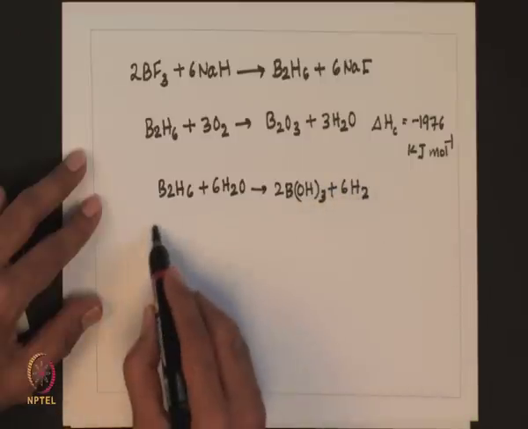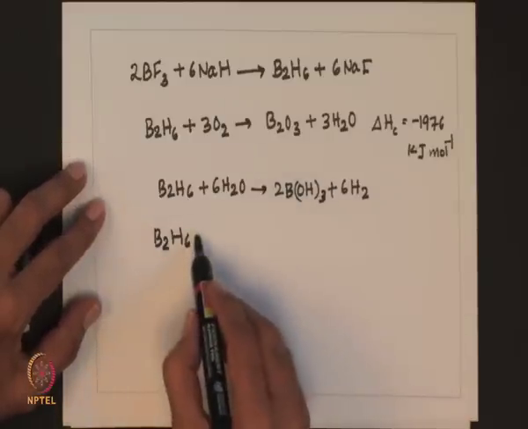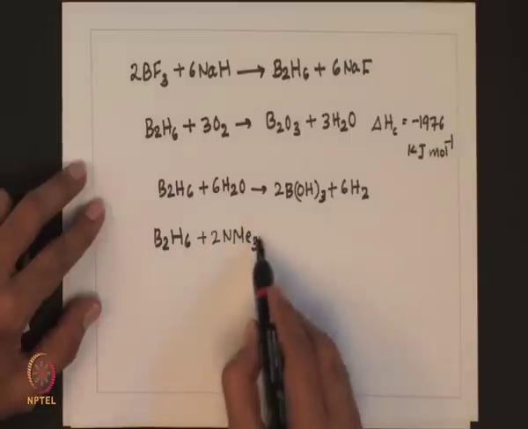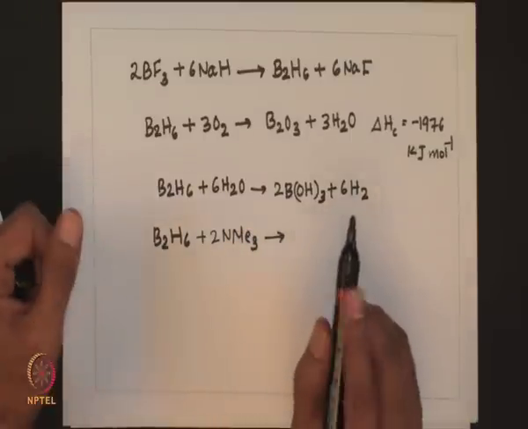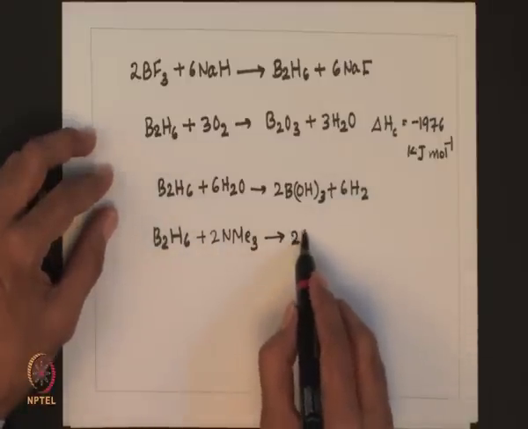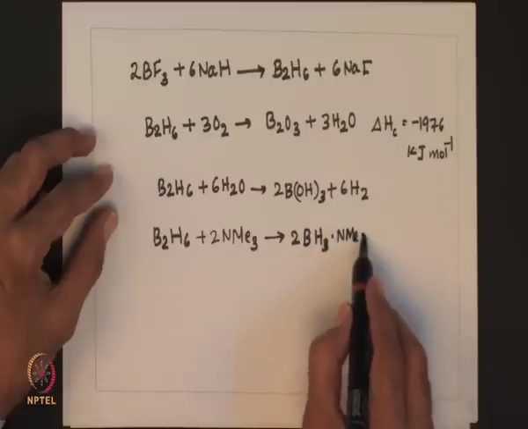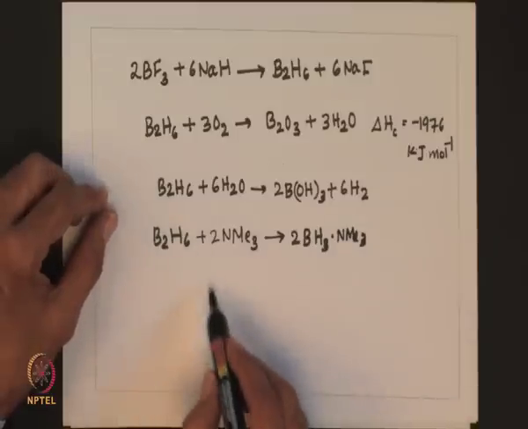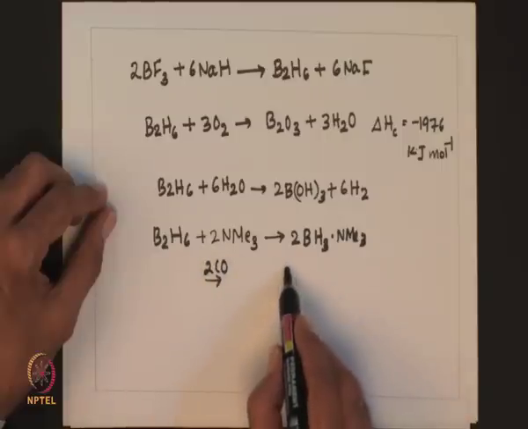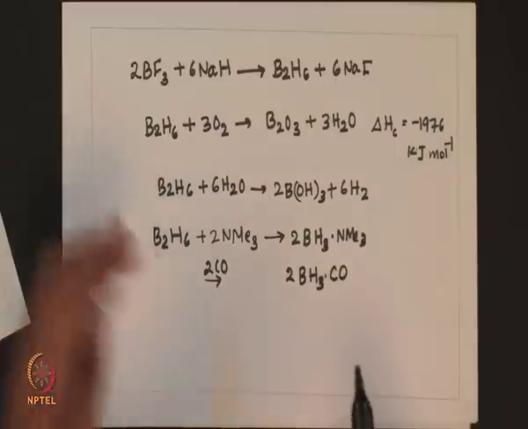And B2H6, when it is treated with Lewis bases such as trimethylamine, it readily breaks into monomeric units and forms an adduct with trimethylamine. Similarly, when you treat this one with 2 equivalents of carbon monoxide, it forms an adduct.